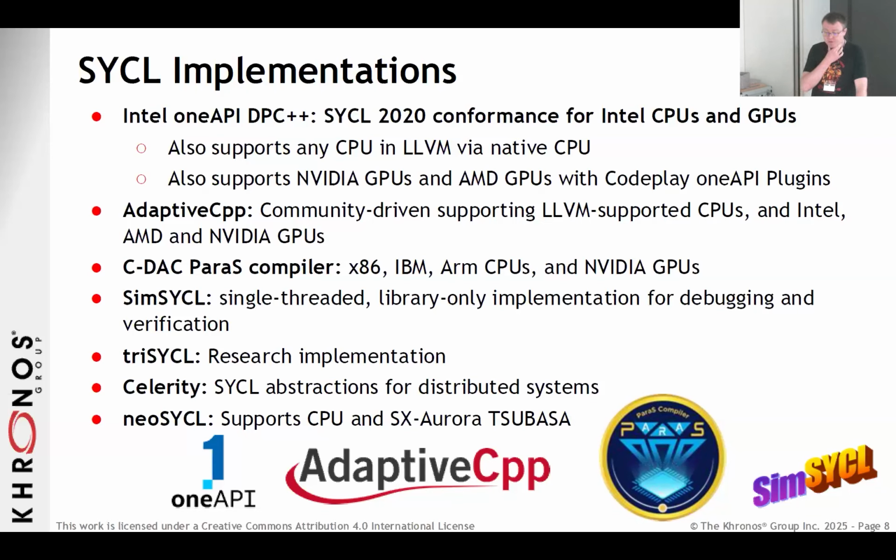AdaptiveCpp, as you know, implements basically all of SYCL 2020 at this point, with a few minor exceptions. This is driven by Axel here. Based again on LLVM, it supports CPUs, Intel, AMD and NVIDIA GPUs, again a huge coverage of different devices. And this is really cool, right?